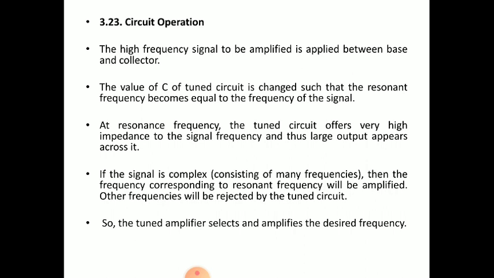At resonant frequency, the tuned circuit offers very high impedance to the signal frequency, and thus a large output appears across it. If the signal is complex, consisting of many frequencies, this is important, then the frequency corresponding to the resonant frequency will be amplified. Other frequencies will be rejected by the tuned circuit.